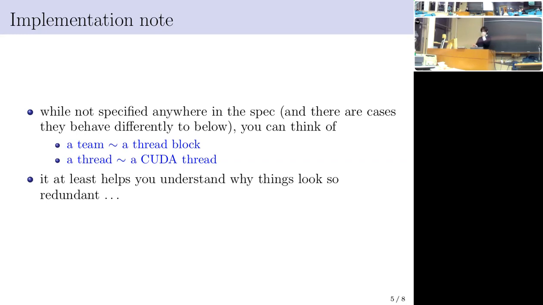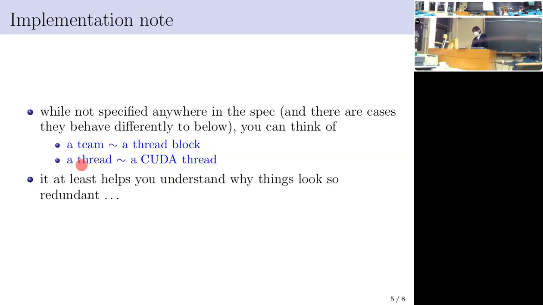I don't know the exact reason why there have to be two layers, but just as an implementation note, a single team, the thing you create using this teams primitive, corresponds to a single thread block. So you can think of the teams directive as a primitive to create many thread blocks, and in each thread block, you start only a single thread.